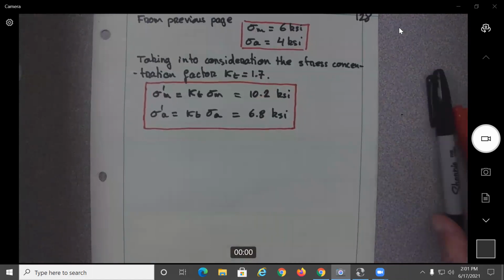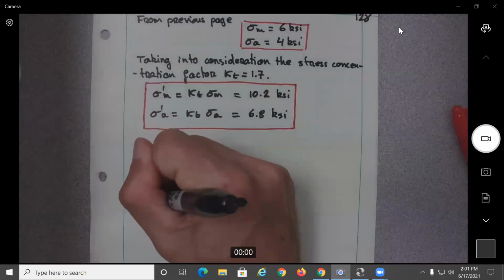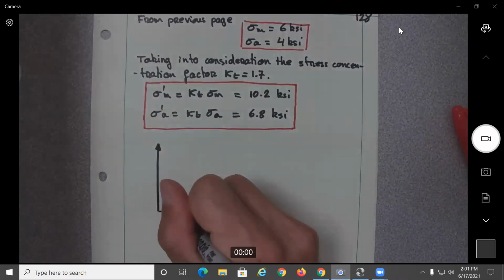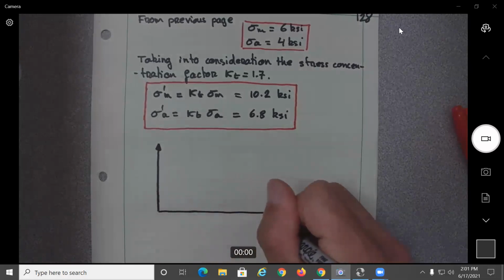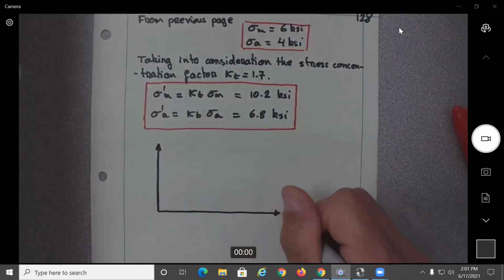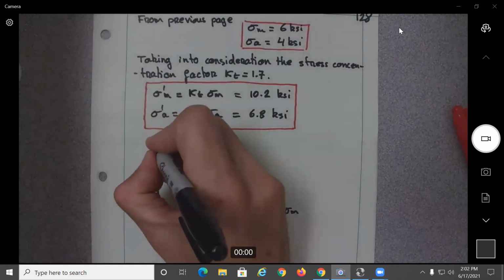Okay. So now what we need to do is the figure. So again, it's difficult to do it if we don't do it to scale, but this will be the mid-range. This will be the alternate.